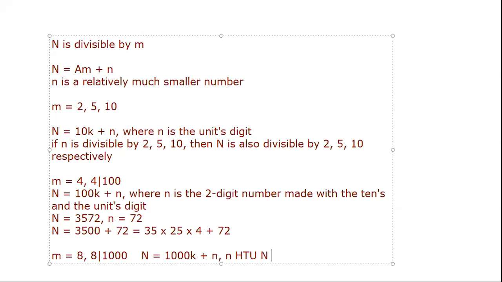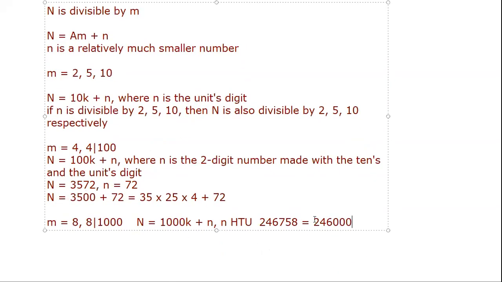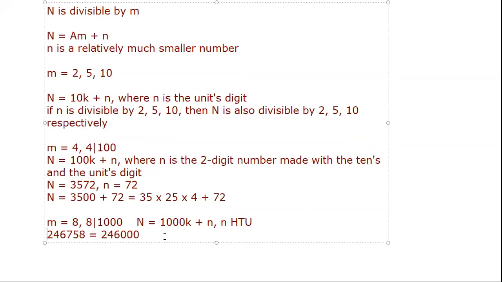For n equal to, let's say, 246758, you want to write it as 246000 plus 758. Now 246 times 125 times 8, so this part is clearly divisible by 8, and you now need to check only for 758.